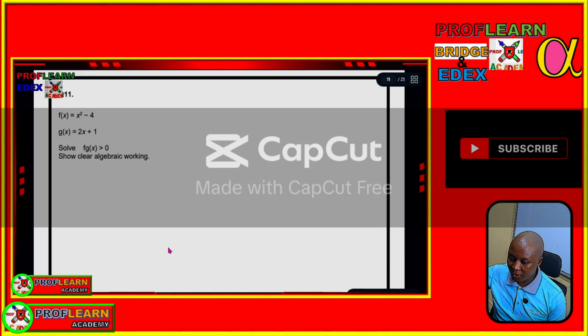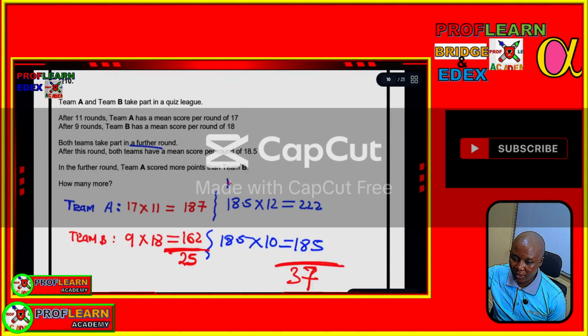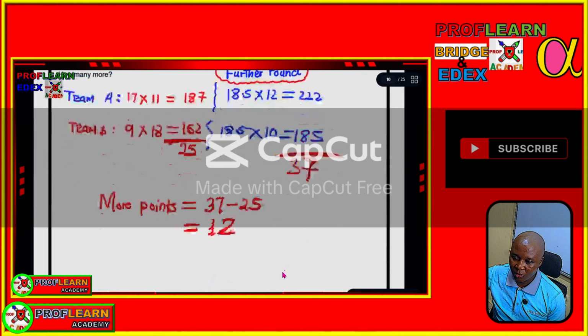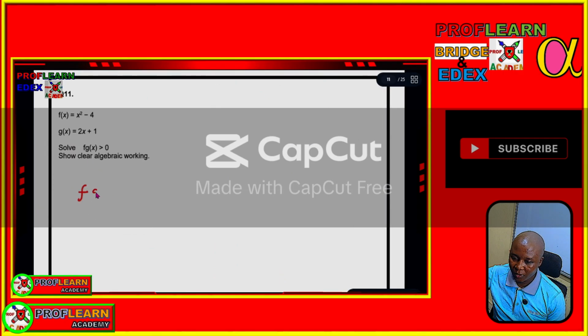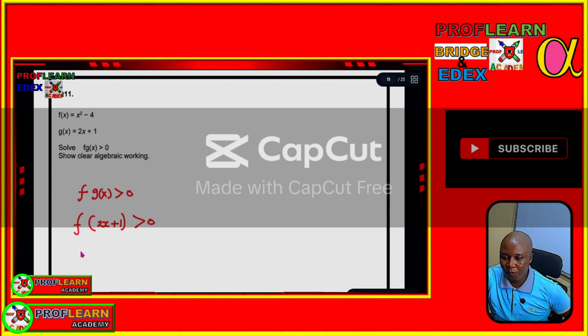So at this point, we need to realize that f of g of x is greater than 0. What's g of x? g of x is 2x plus 1, so f of 2x plus 1 is greater than 0.